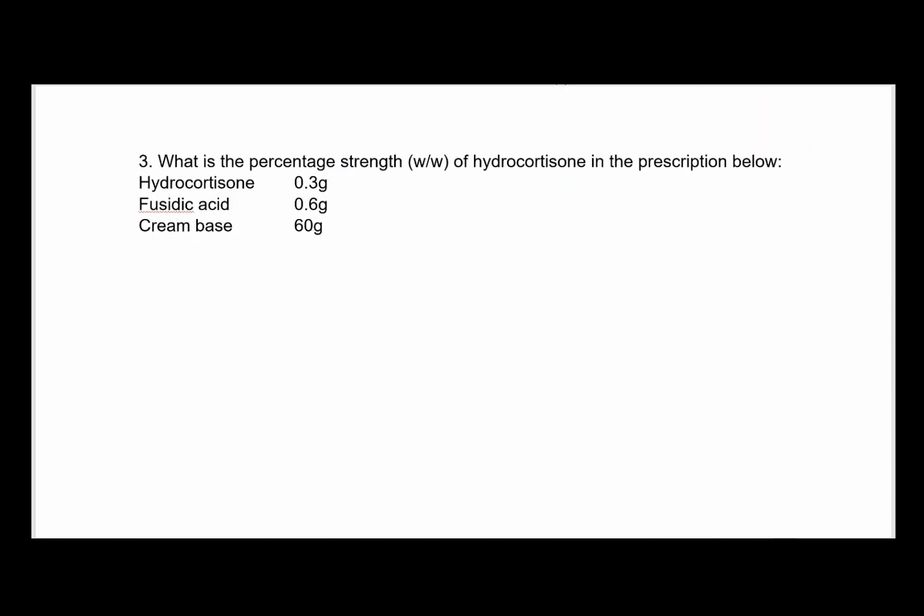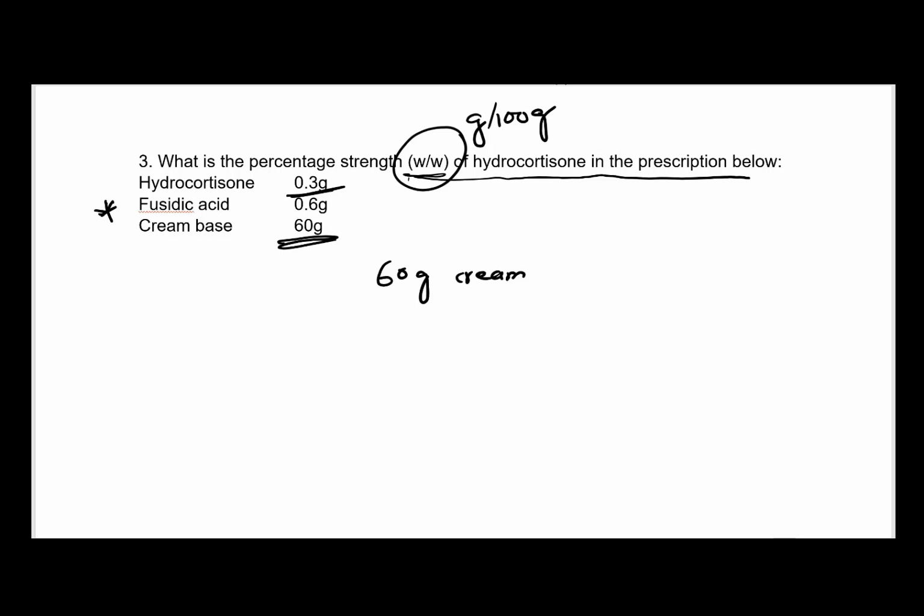Okay, let's take the other example. What is the percentage strength weight by weight of hydrocortisone in the prescription below? Weight by weight again is the number of grams per 100 grams. So look at the equation. The cream is 60 grams, and in the 60 gram cream, the hydrocortisone present is 0.3 grams.